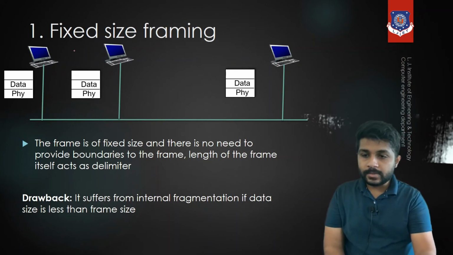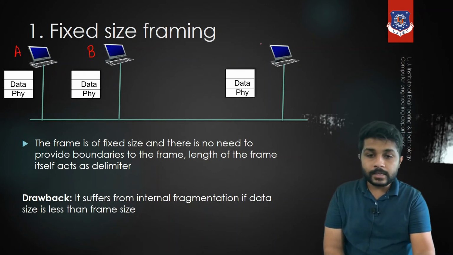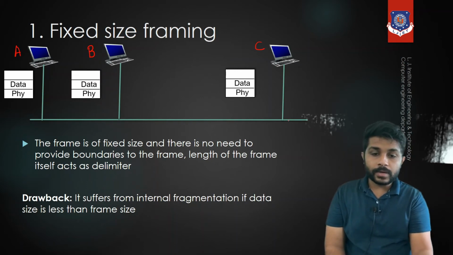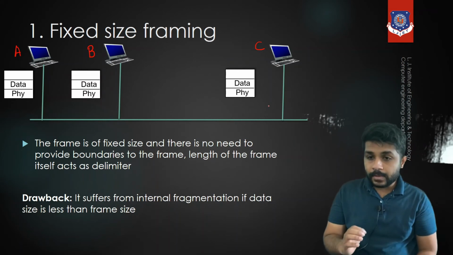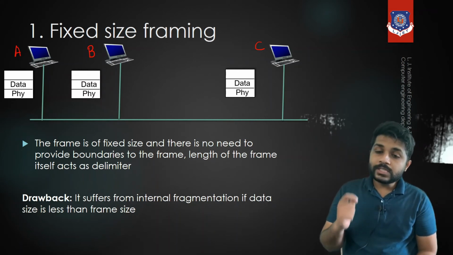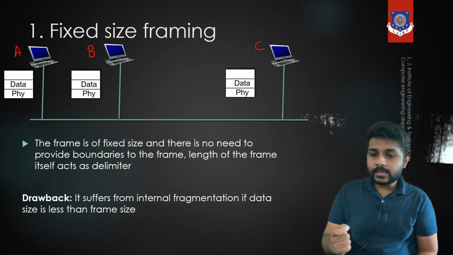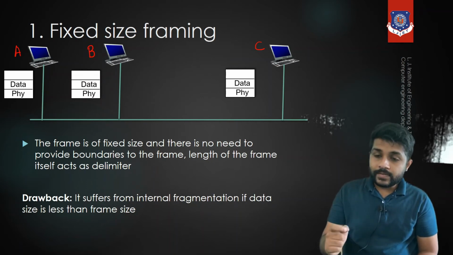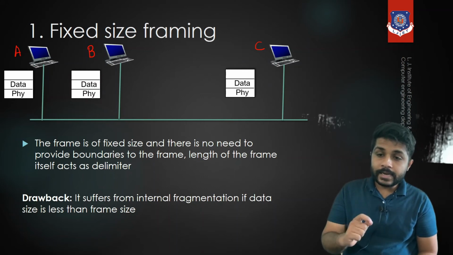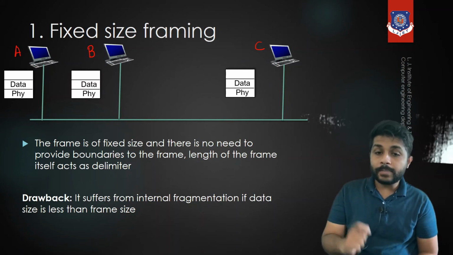Again, we are taking the same example, where three devices A, B and C are connected via a common link. Now in fixed size framing, the size of the data sent by the sender is fixed. For example, let's consider that devices A and B are sending data of a fixed 5 bits.